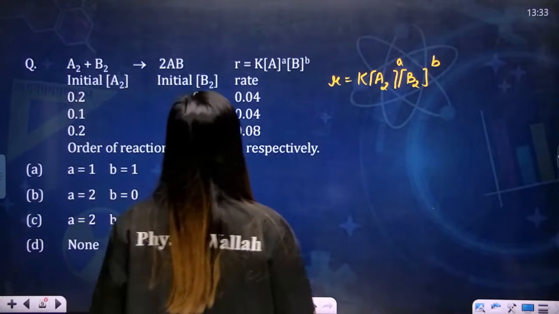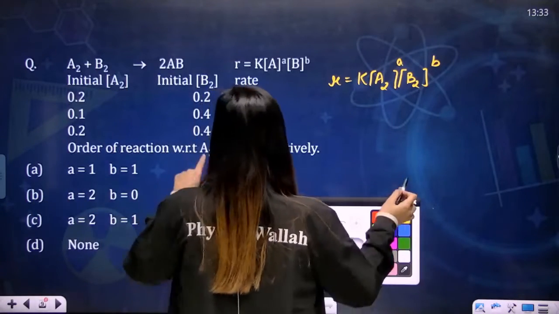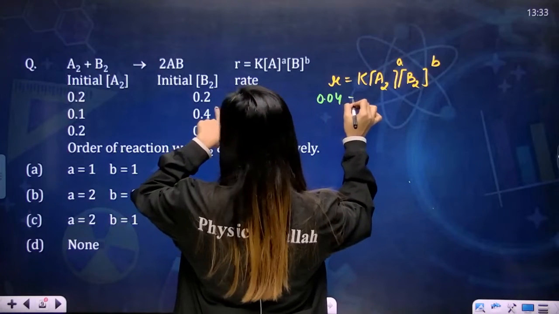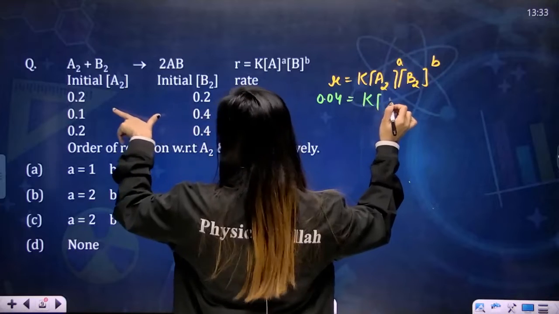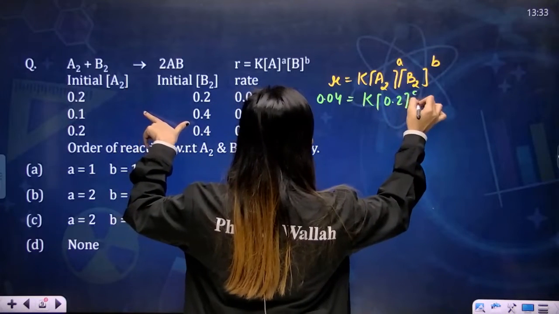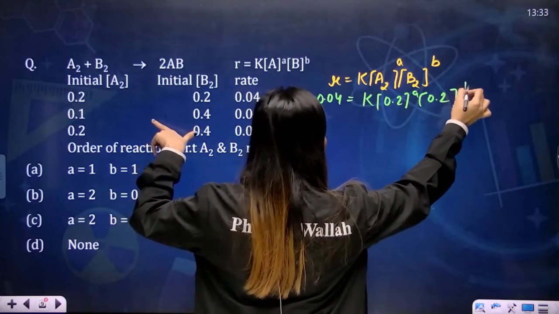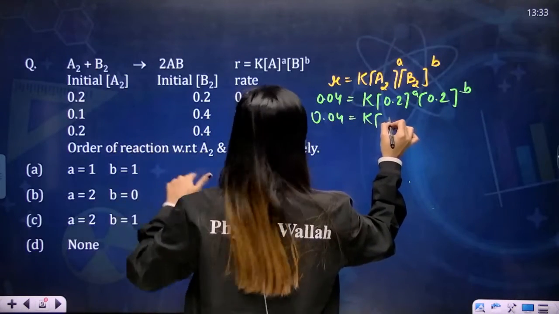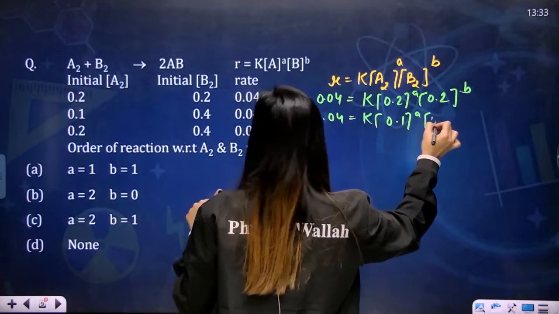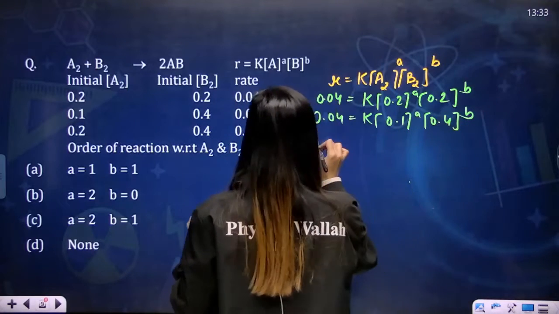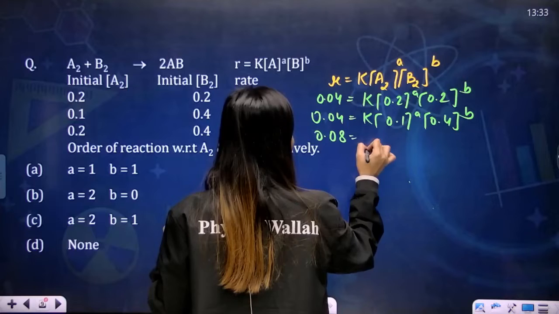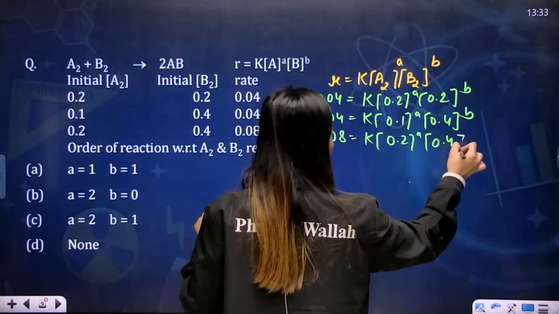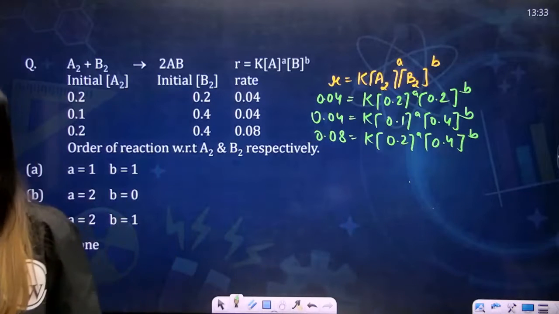Let's write the equations now. Rate 0.04 is equal to K into A2 concentration 0.2 raised to the power A and 0.2 raised to the power B. Then you have 0.04 equals K into 0.1 raised to the power A and 0.4 raised to the power B. Then you have 0.08 equals K, 0.2 raised to the power A and 0.4 raised to the power B. Perfect.